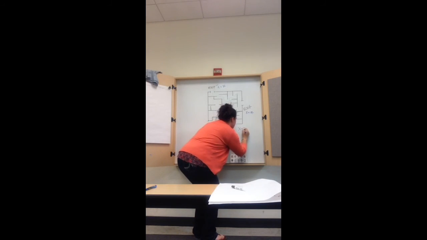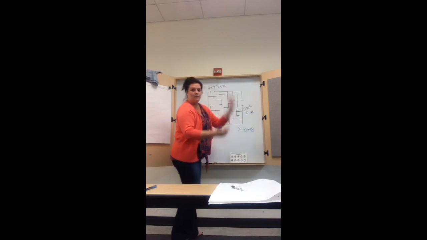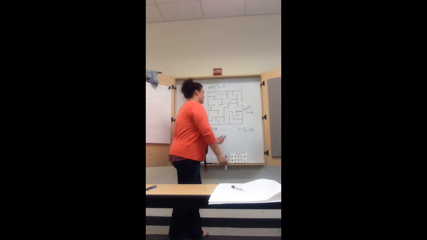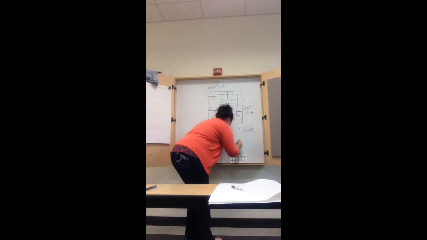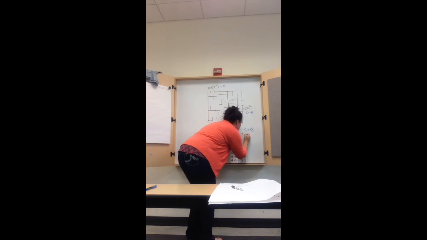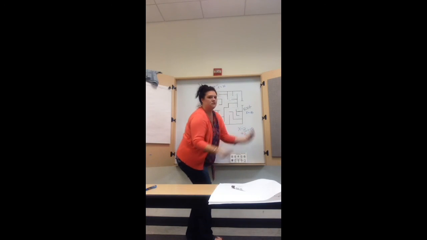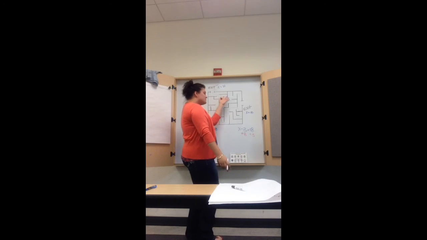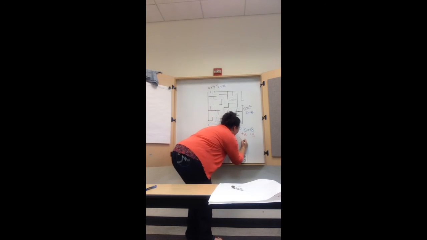X minus 3 equals 18. So, first step. Want to get the X by itself. So it'd be plus 3. So we're going to go plus 3. And plus 3. So 18 plus 3 is 21. So X equals 21.